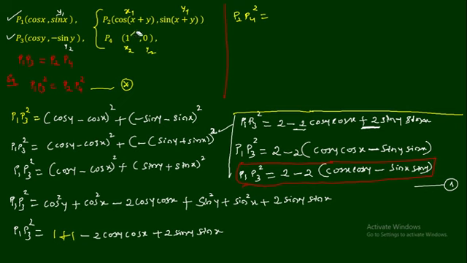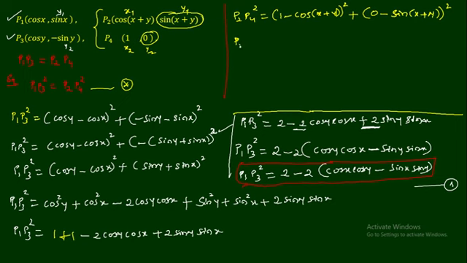Look at the direction, x2 minus x1 the whole square. What it will be? This is 1 minus cos of x plus y the whole square from x2 minus x1 whole square plus y2 minus y1. Look at the screen, y2 minus y1 the whole square means what? 0 minus sine of x plus y the whole square.